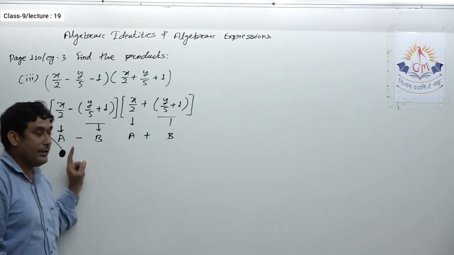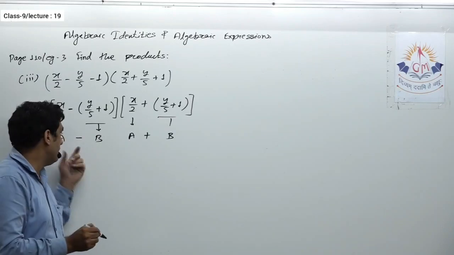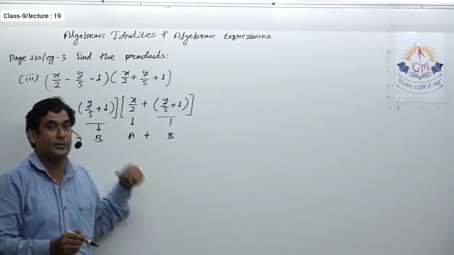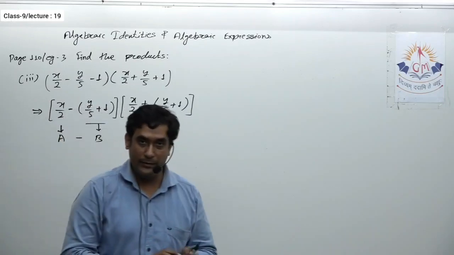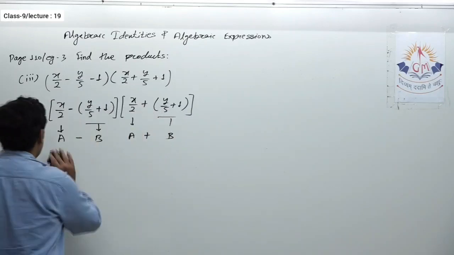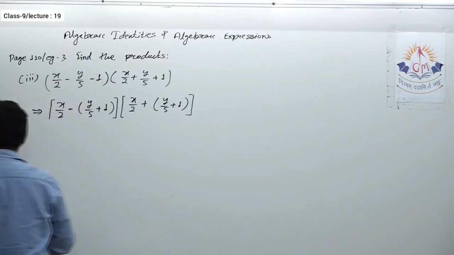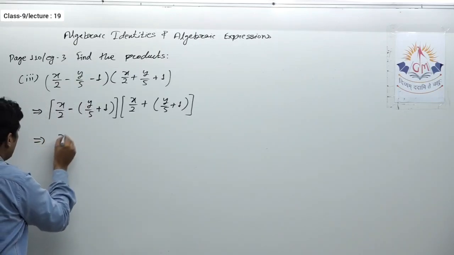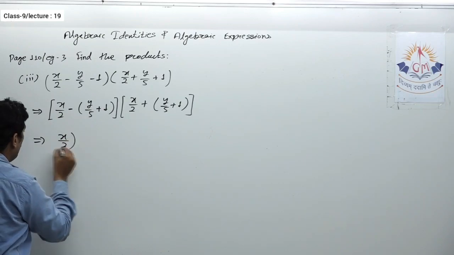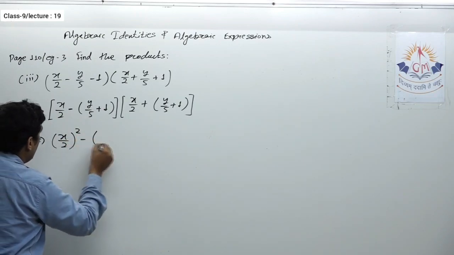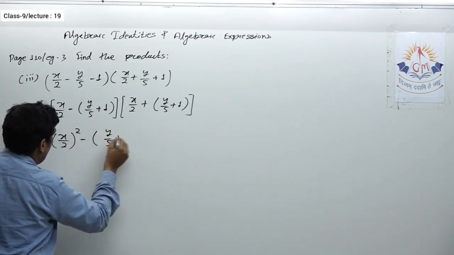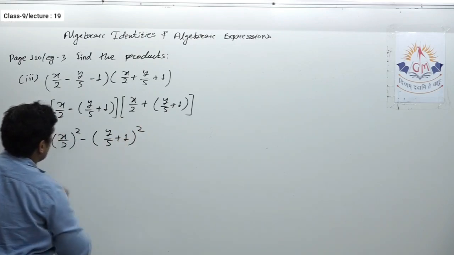So now, if you remember, a minus b into a plus b is equal to a square minus b square. So here I will apply the identity of a square minus b square. This will become x by 2 whole square minus y upon 5 plus 1 whole square.